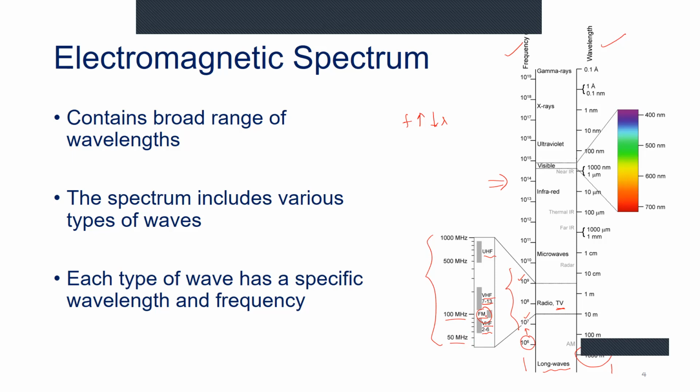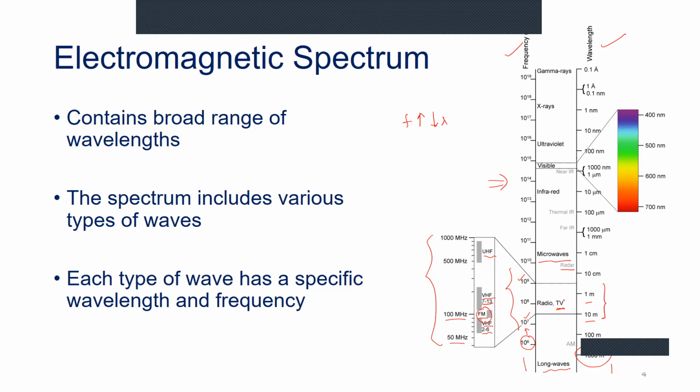That's a very specific frequency range. If this is the frequency range, what is the wavelength range? The wavelength of the radio waves used for TV or FM is about 1 meter to 10 meters in size. Next are your microwaves.